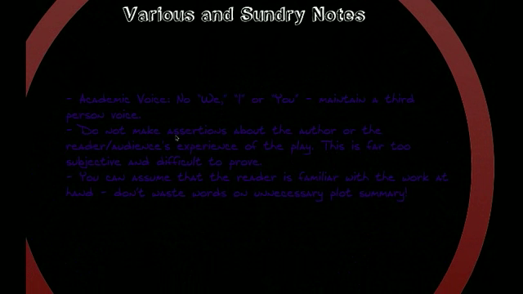Secondly, don't make assertions about the author or reader or audience's experiences of the play or text. It's way too subjective and difficult to prove. Obviously, none of us have met with the authors of these pieces, so they can't tell us if our assertions are correct.